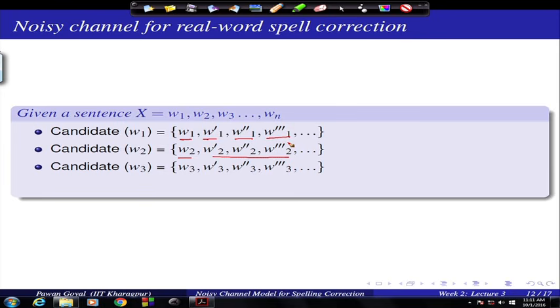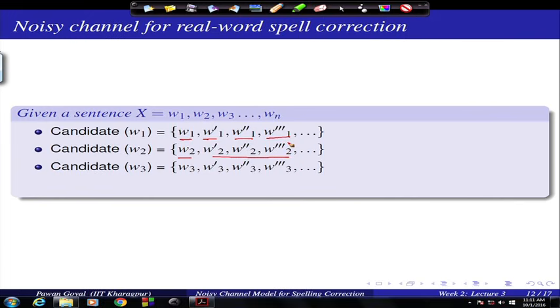Now what is my problem? Now I can have any sequence. From the candidates of W1 I can choose any one, from W2 I can choose any one, and so on. And among all these possible sequences, I have to find out which one is giving me the highest probability in some sense.